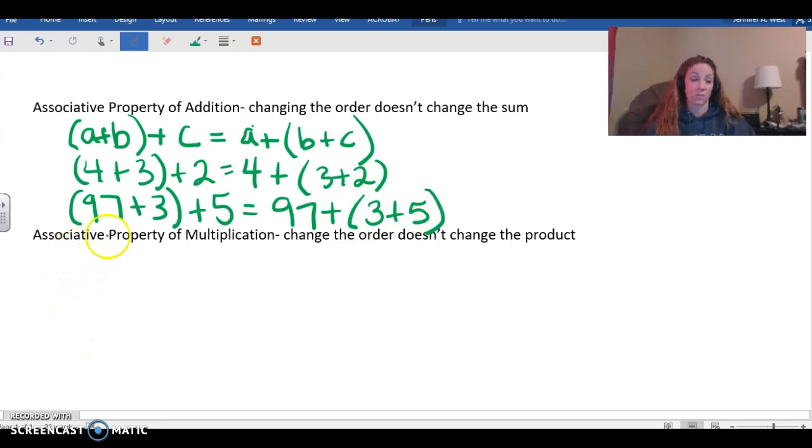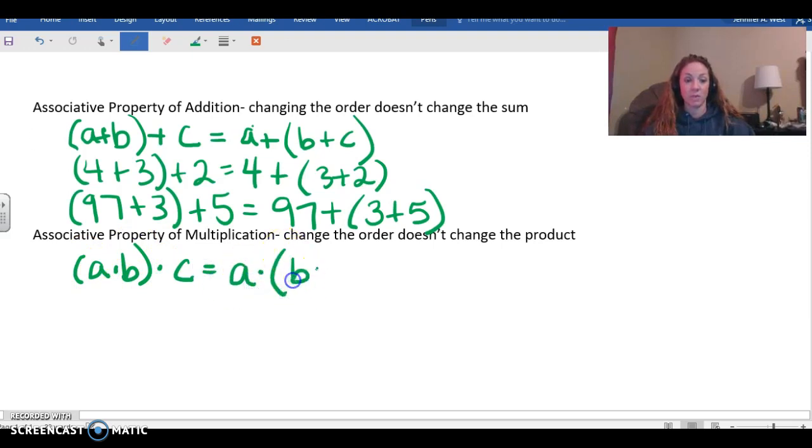There's also the associative property of multiplication, when, once again, changing the order does not change the product. And make sure you get all of this in your notes. So, how we could show that is A times B times C equals A times B times C. You will come up with the same product both times.